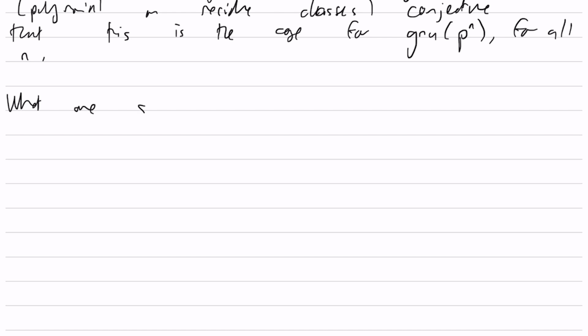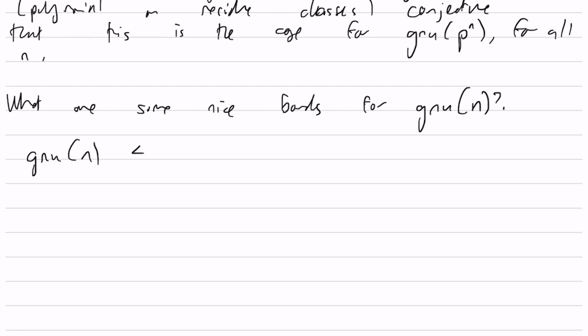What are some nice bounds for GNU(n)? n is just any number now. One observation we can make is that the group number function must be less than or equal to n to the n squared. Why is that the case? Well, observe that for binary functions from a set of size n to itself, there's n squared pairs of things, and then you have n choices for where each goes.